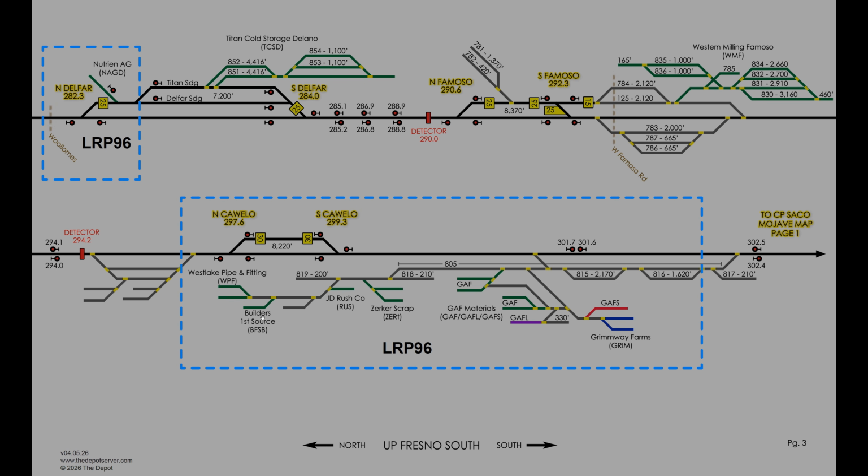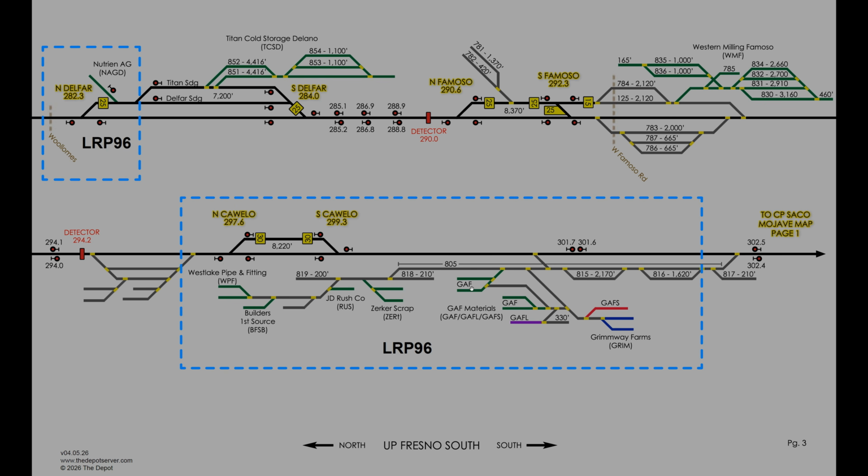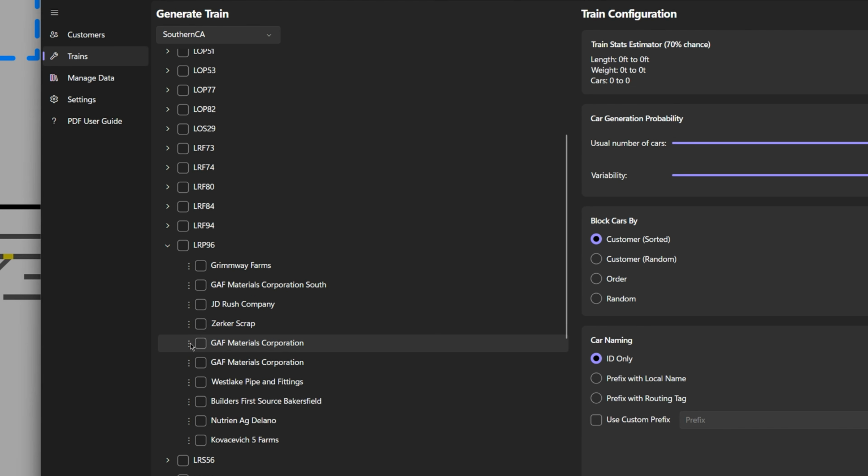Then Builder's First Source, then Gaff Materials. And then these I want to put above that.